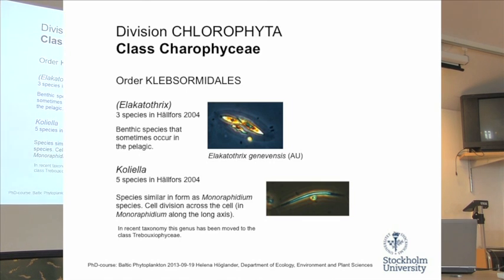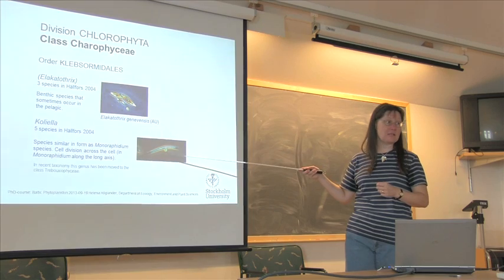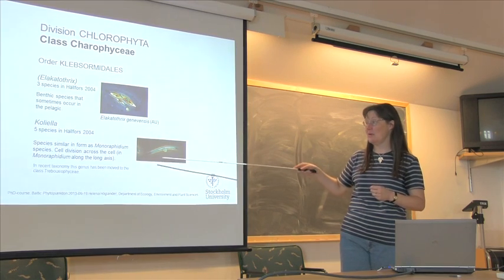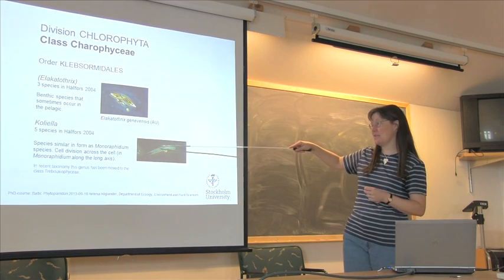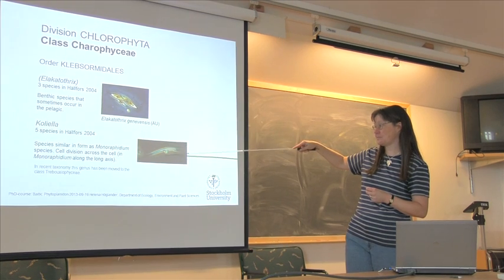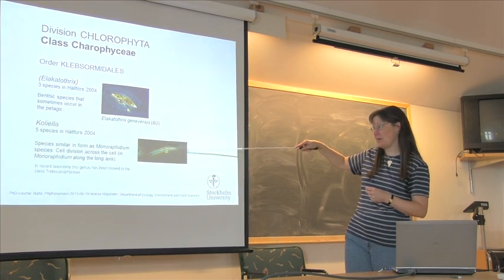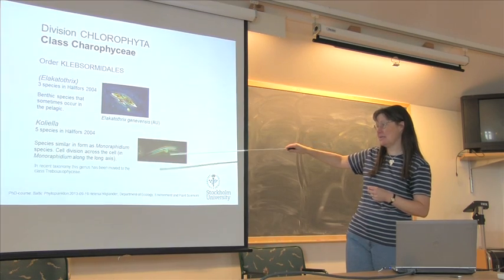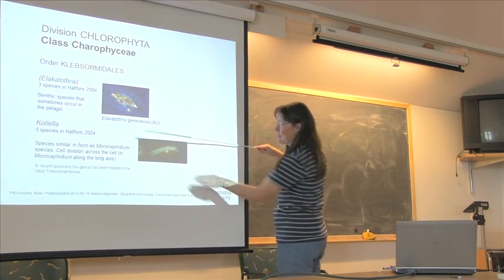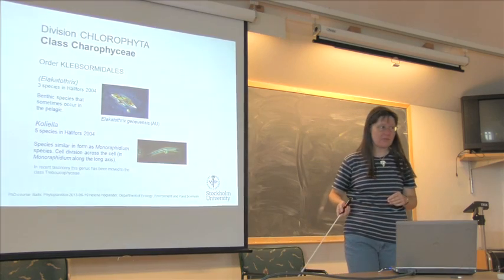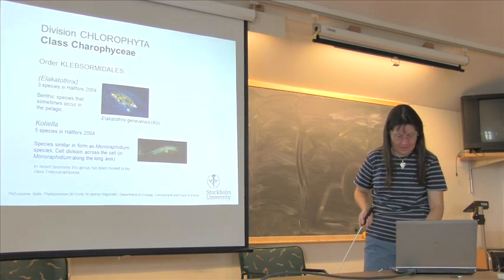And they look much like this Monoraphidium that I told you about before. But in this one, the cell division is somewhere here across the cells. But in Monoraphidium, they are dividing like this, 2 cells in that direction. So that's what's different between them.